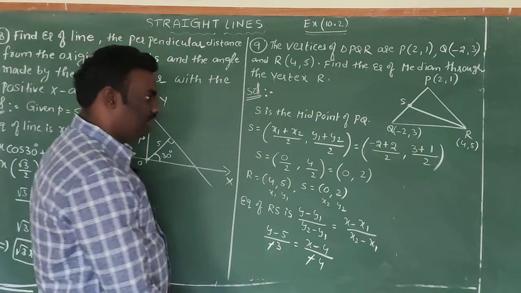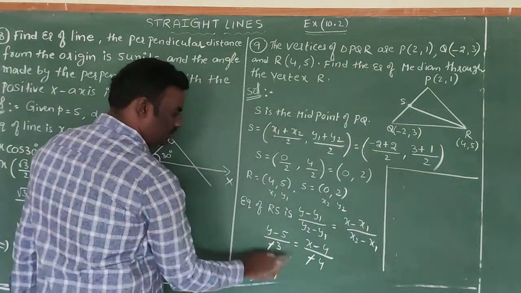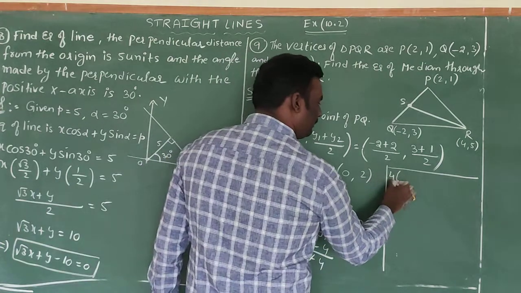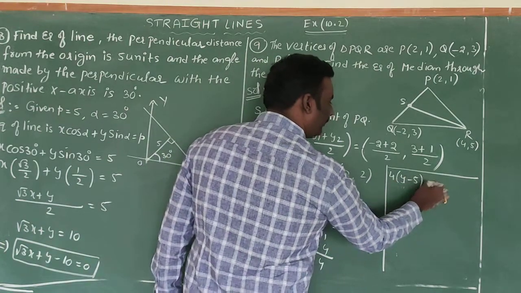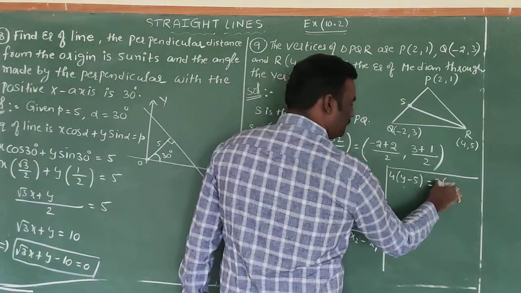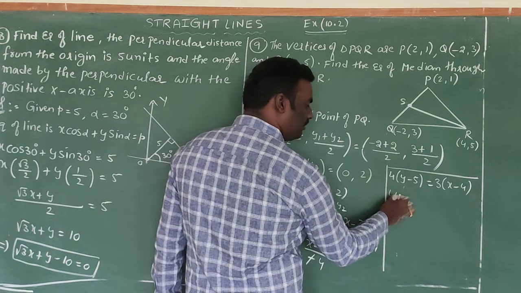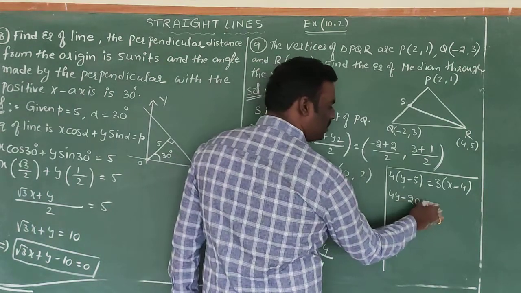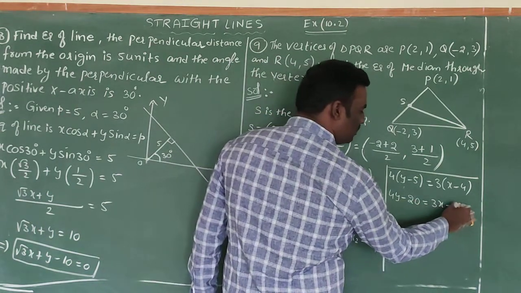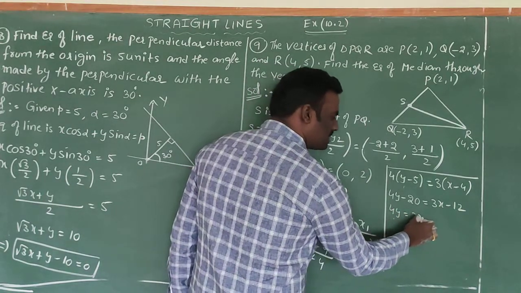Cross multiply: 4 into (y minus 5) is equal to 3 into (x minus 4). 4 into y, 4y; 4 fives are 20. 3 into x, 3x; 3 fours are 12. Then 4y minus 20 is equal to 3x minus 12.